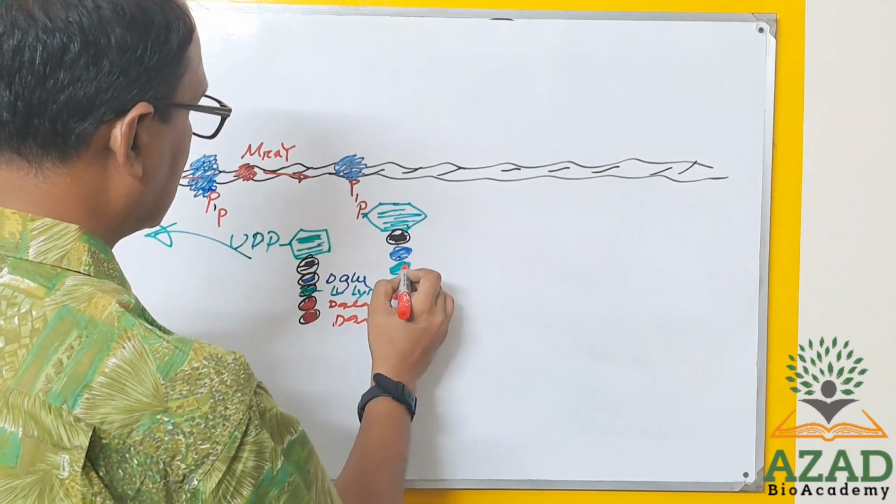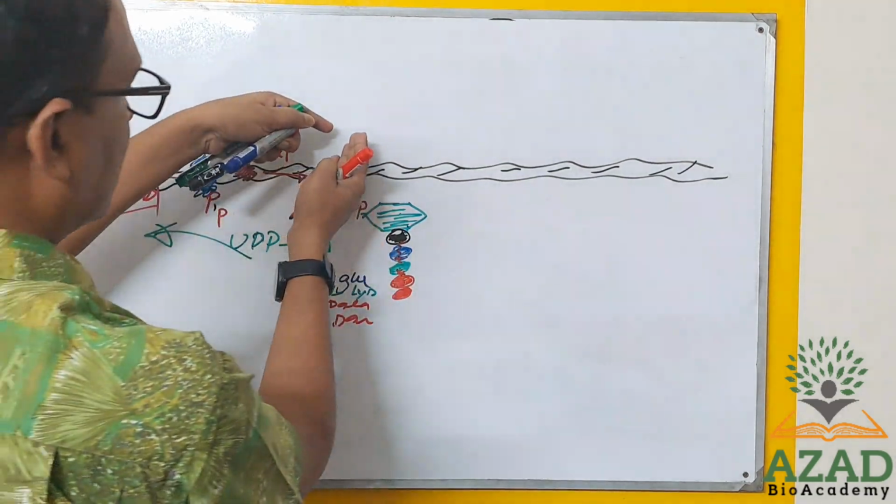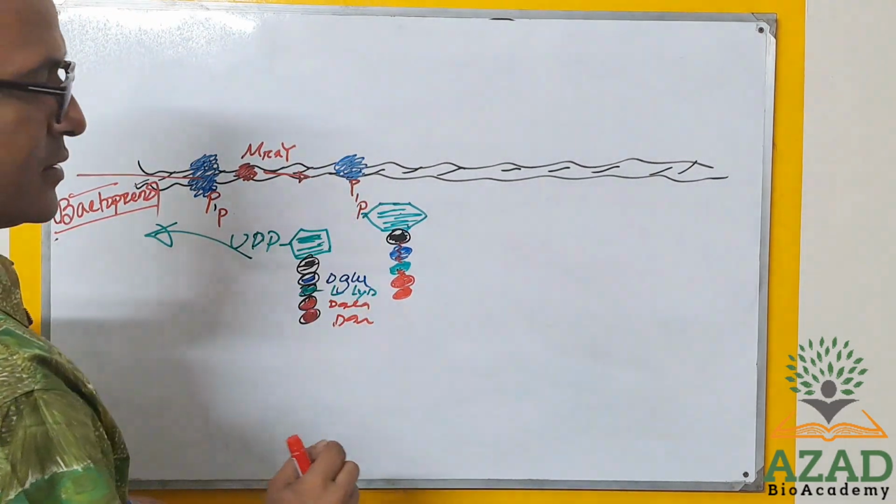So now this pentapeptide-containing sugar is attached to the bactoprenol by diphosphate.